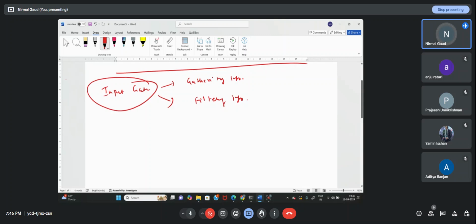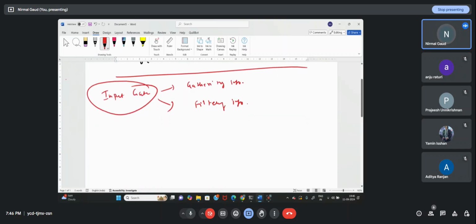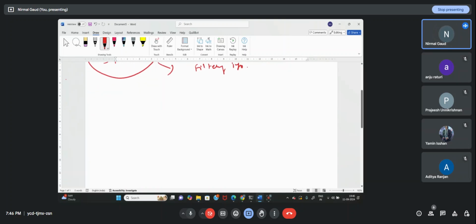Okay, and gathering information is the same as we have seen in the forget gate. It's like ht minus 1 comma xt, and then W. This is the input gate, so Wi, the weight, has been changed. It is Wi plus bi, the bias.